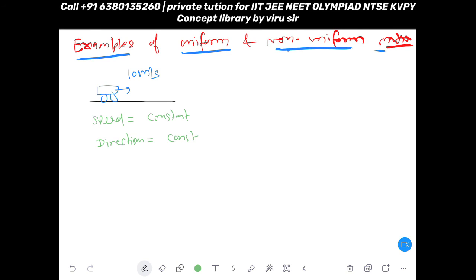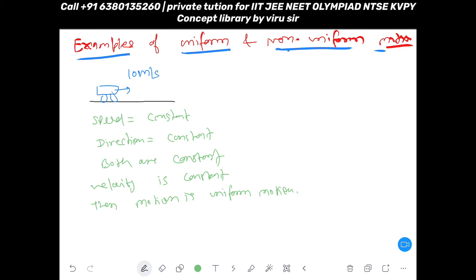So both are constant, so velocity is constant. And if velocity is constant, then motion is uniform motion. And if you have uniform motion, then you don't have acceleration. Then acceleration is equal to 0.